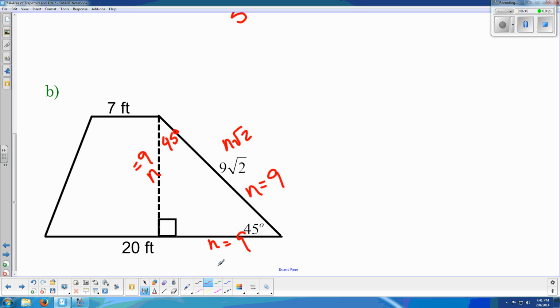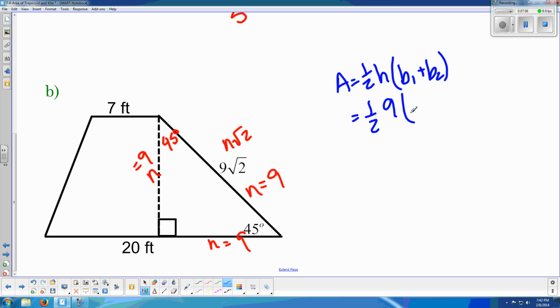Let me switch colors. My formula is area equals 1/2 my height times base 1 plus base 2. So I have 1/2. My height is 9, so I have 1/2 times 9 times my base 1, which is 20, plus my base 2, which is 7. So I have 1/2, 9, and 20 plus 7, oh, shoot, I wrote a times, this is supposed to be plus.